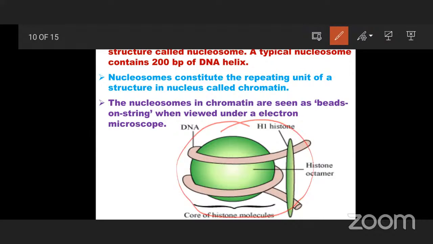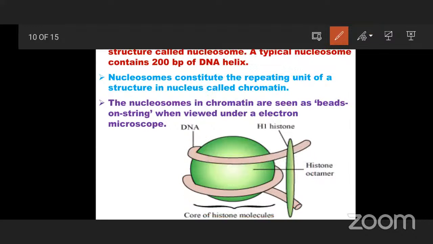This is the DNA molecule, and these are the histone proteins. The DNA molecule is wrapped around these histone proteins, and they form the histone octamer core.